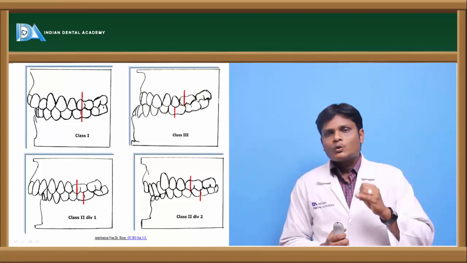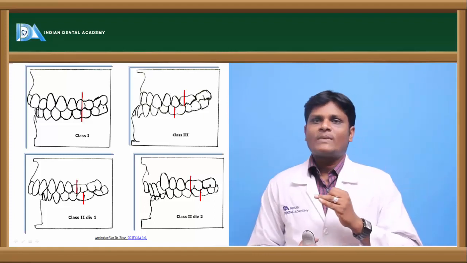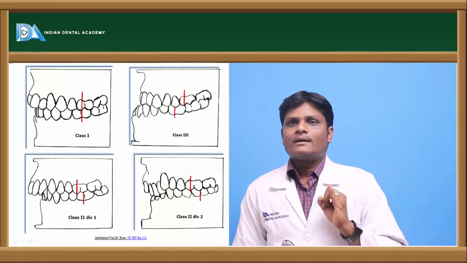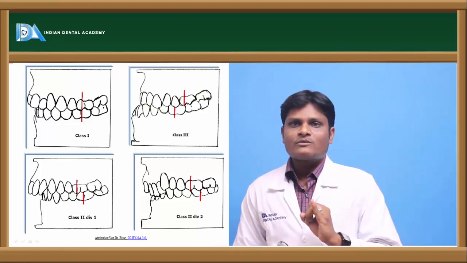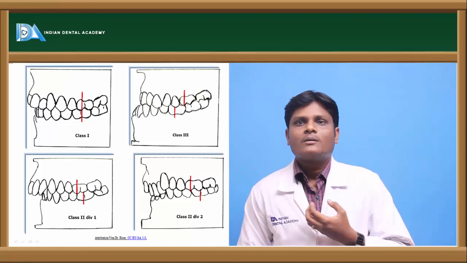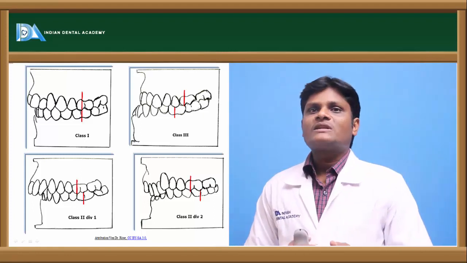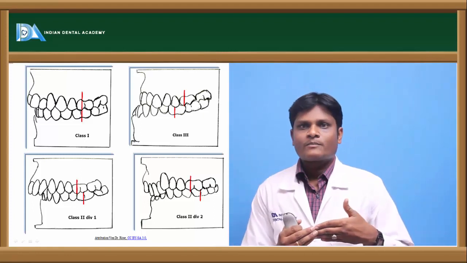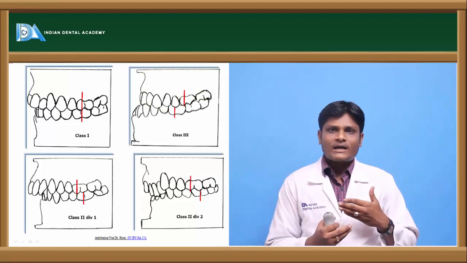Again, we have two types of class 2 malocclusions. In a class 2 division 1 malocclusion, we have a class 2 molar relationship with proclined upper anteriors with increased overjet.